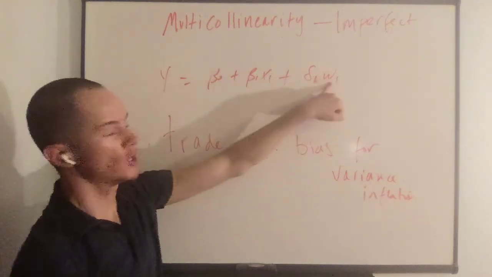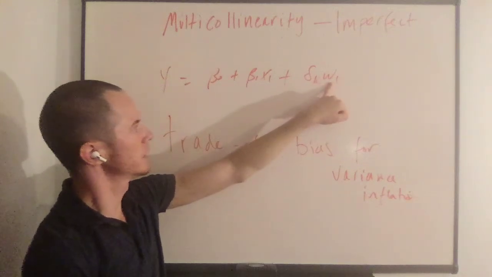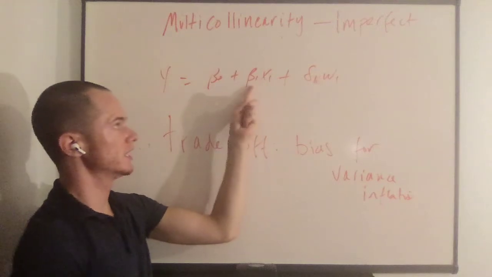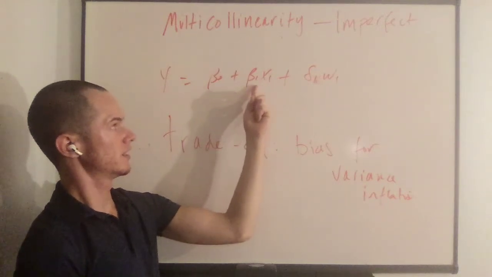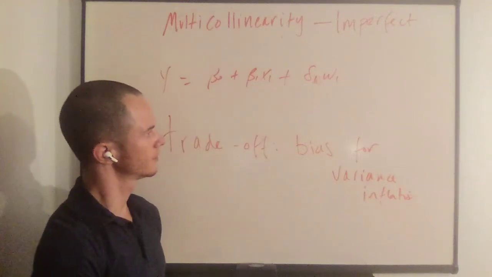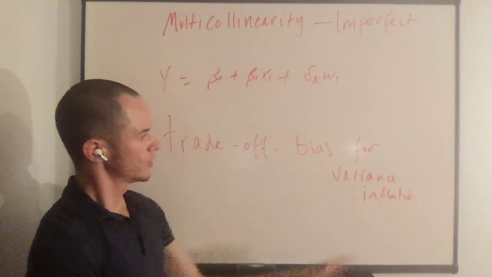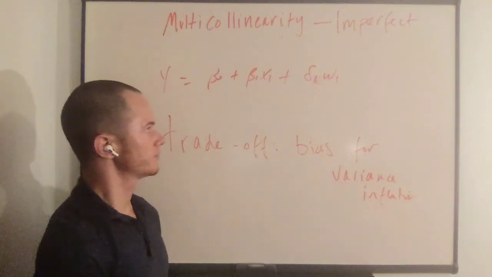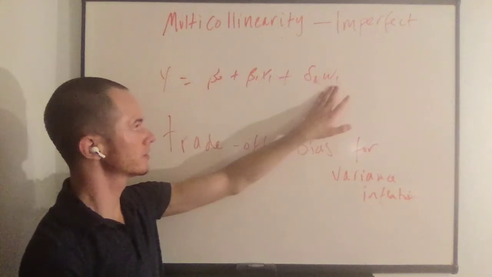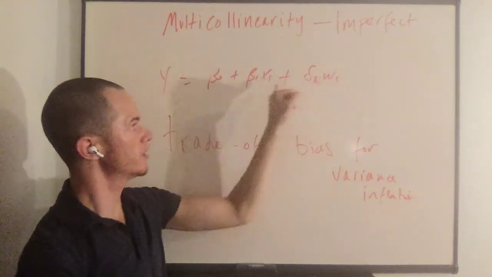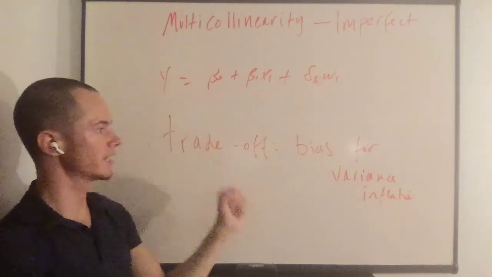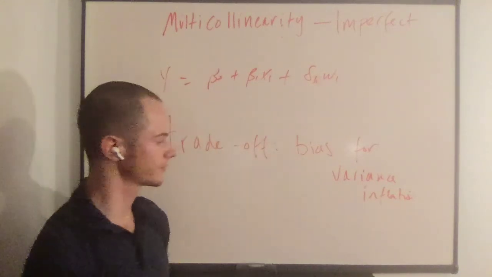If this control variable is correlated with x1, then that is going to result in a higher variance of this estimate, beta 1 hat. So that results in our variance inflation by bringing w1 into the regression equation. But if we leave it out, and w1 is correlated with x1 and w1 matters for y, then we're going to have bias.